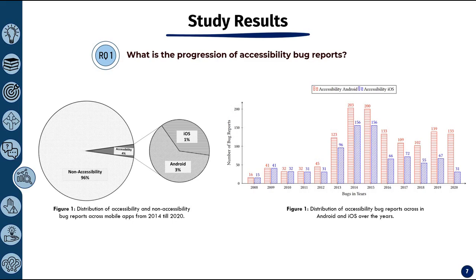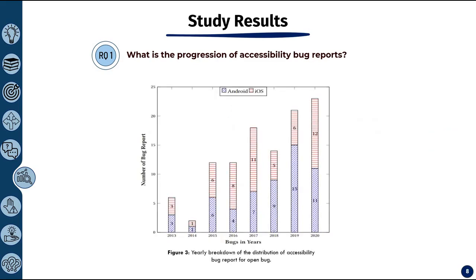This may suggest that the community has grown more vigilant in reporting bugs, or that users have increased over time. Most accessibility issues are related to Android because it has a larger user base. Additionally, the rising trend of accessibility bug reports suggests that developers should allocate more resources to addressing these issues.